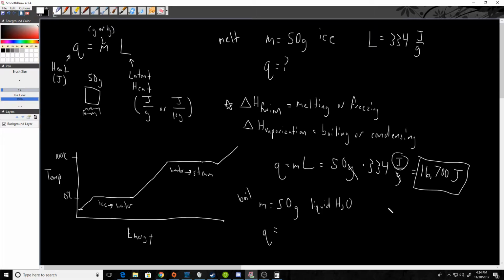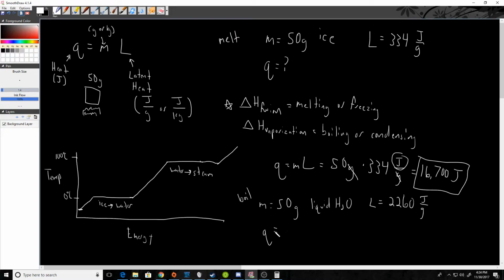In this case, the heat of fusion, sorry, the heat of vaporization. Up here I used the heat of fusion, so down here I'm going to use the latent heat of vaporization. I check the reference chart. Let's say that water has a latent heat of vaporization of 2,260, and that's still in joules per gram.